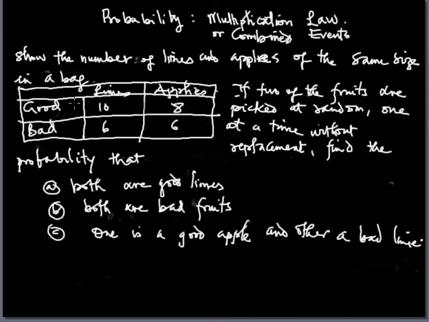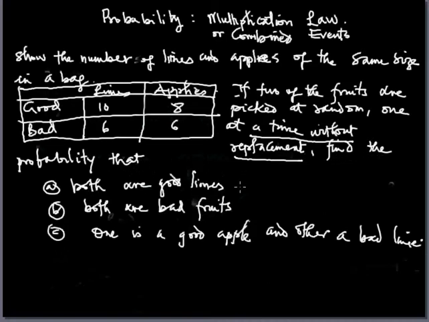You're given a table showing the number of limes and apples of the same size in a bag. If two of the fruits are picked at random, one at a time without replacement, you should underline 'one at a time without replacement' when you see this kind of question in your work.